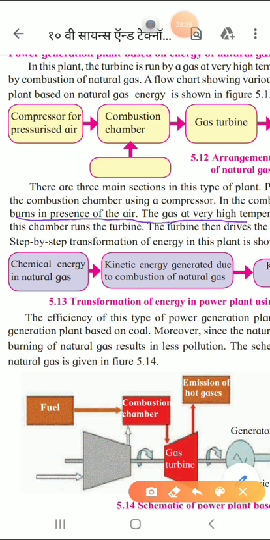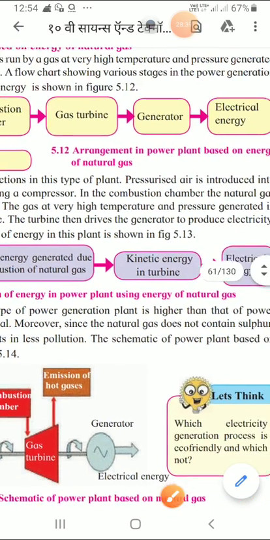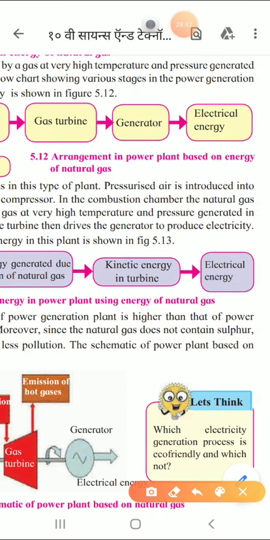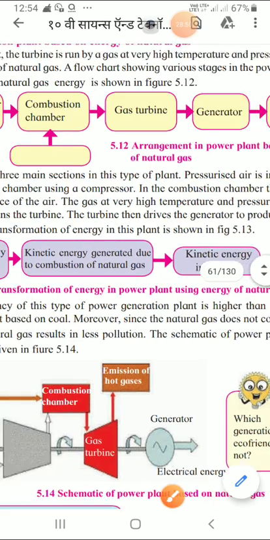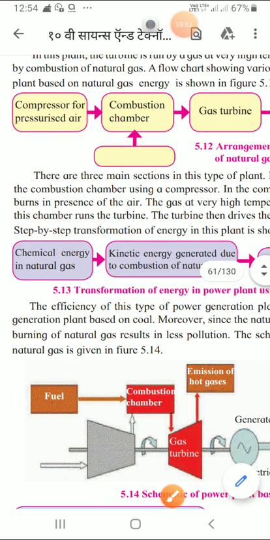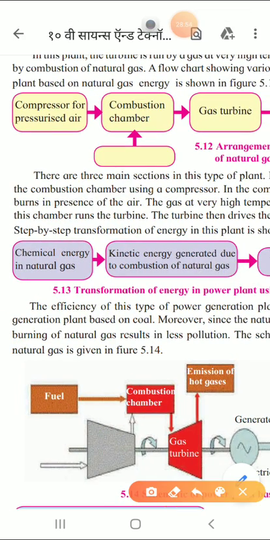The gas at very high temperature and pressure generated in this chamber runs the turbine.